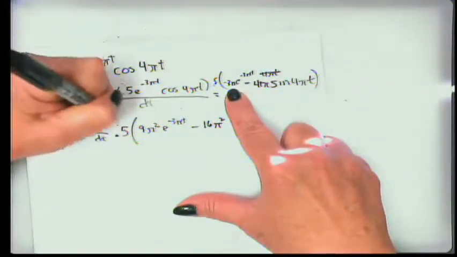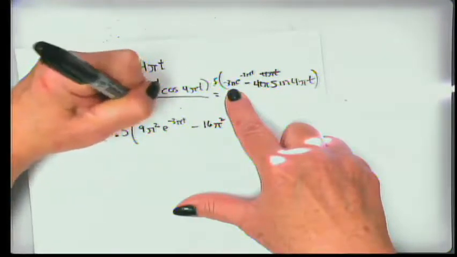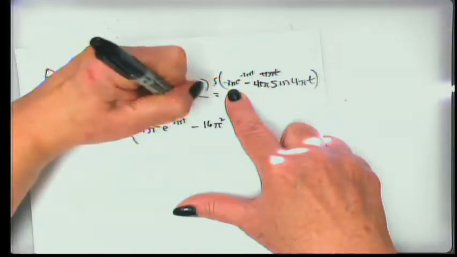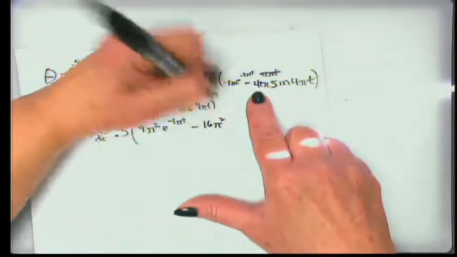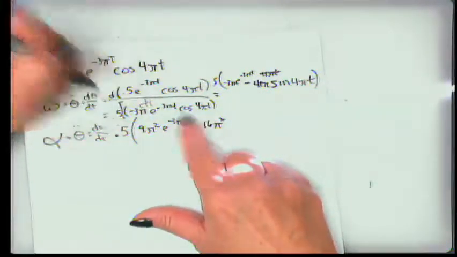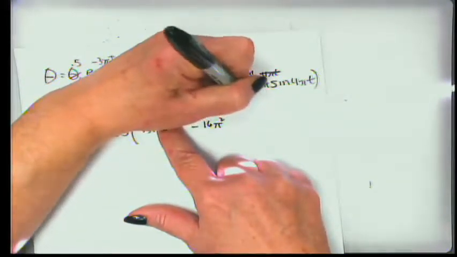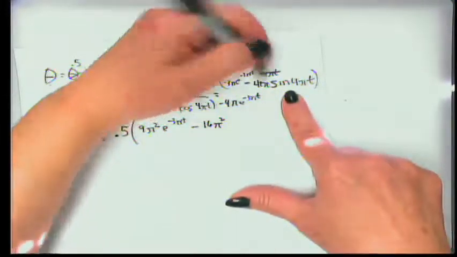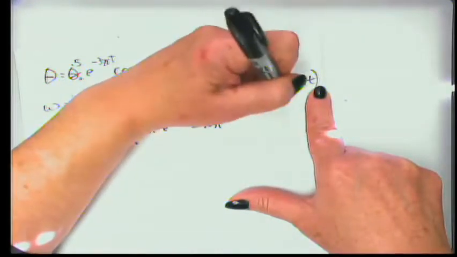So this is actually going to be 0.5 times negative 3 pi e to the minus 3 pi t cosine 4 pi t, right? There we go. Because it's the derivative of this times this. Minus 4 pi e to the minus 3 pi t times the derivative of this, which is the sine of 4 pi t.